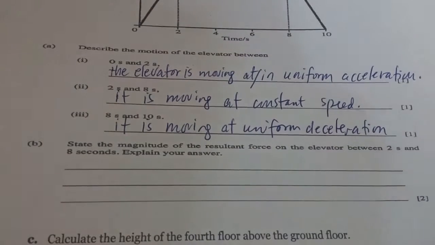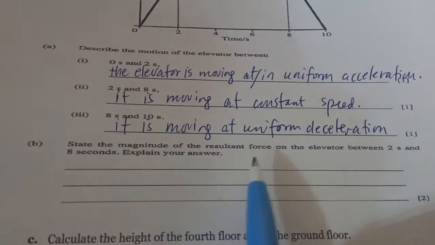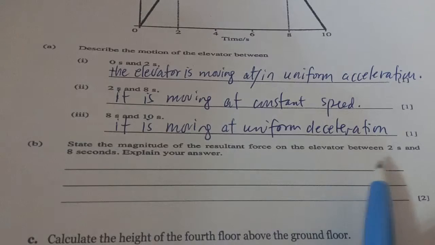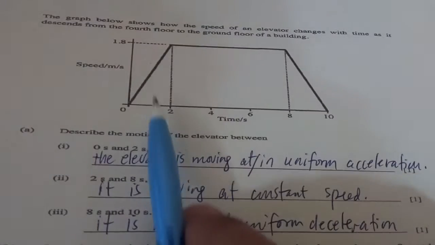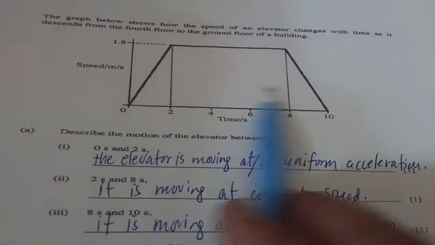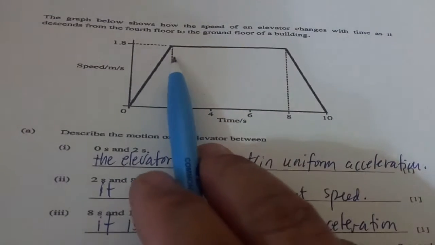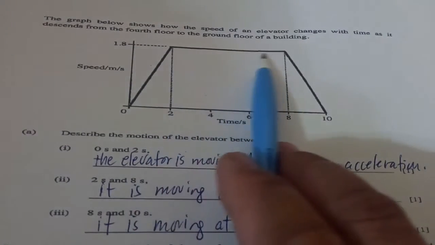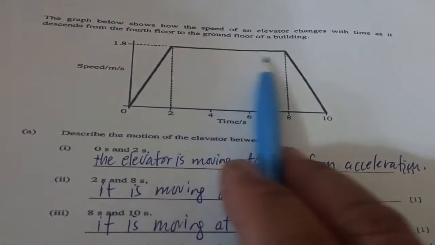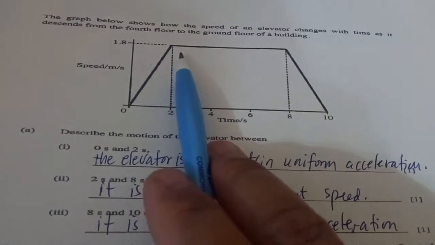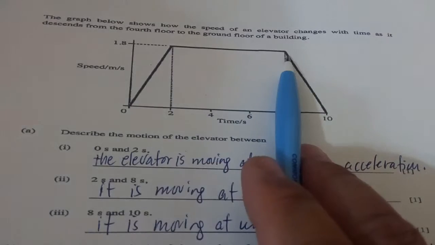The next question is, state the magnitude of the resultant force on the elevator between 2 seconds and 8 seconds and explain your answer. You notice here between 2 seconds to 8 seconds, the elevator is moving at constant speed. Constant means to say the applied force is equal to the frictional force.